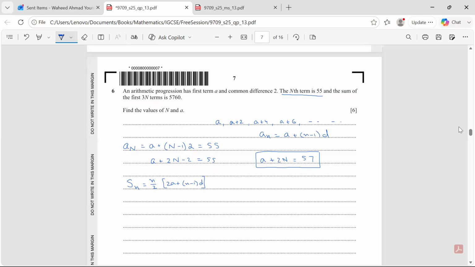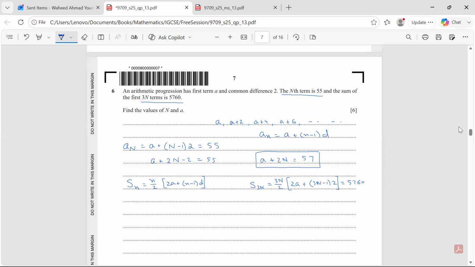So if I apply this equation, we are given the sum of the first 3N terms. So the sum of 3N terms is equal to 3N over 2 into 2a plus 3N minus 1 into the common difference 2, and this whole thing is equal to 5,760.